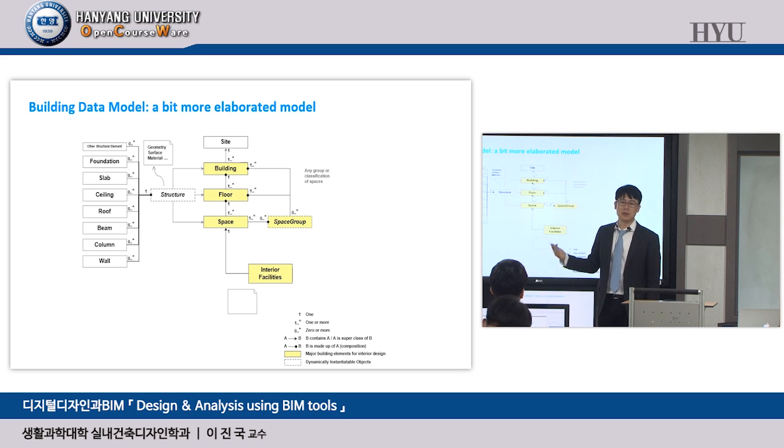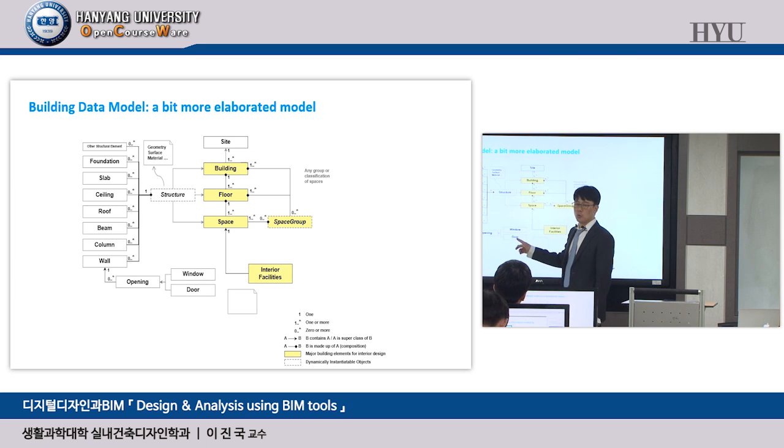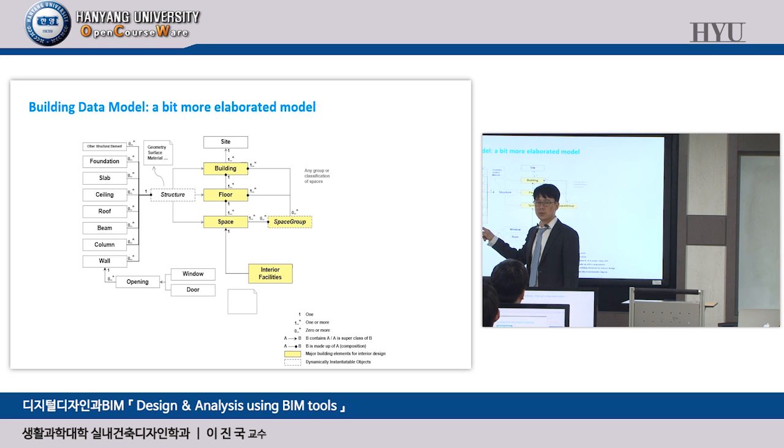Okay, not a composition of lines, but spaces in 3D. How about windows and doors? You should understand that for a door or window object, we need an opening. And the opening must be installed on top of a wall object, okay? Not on slab or ceiling.